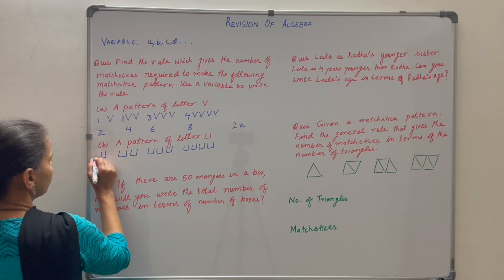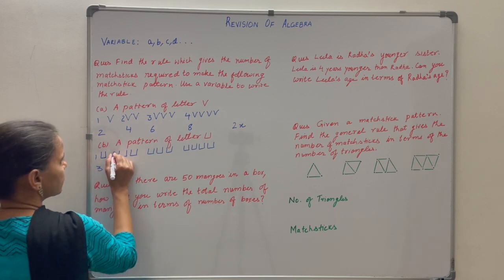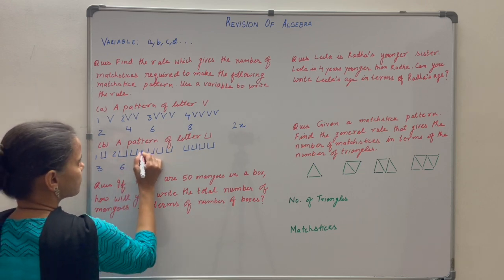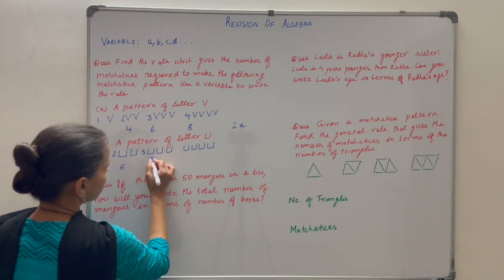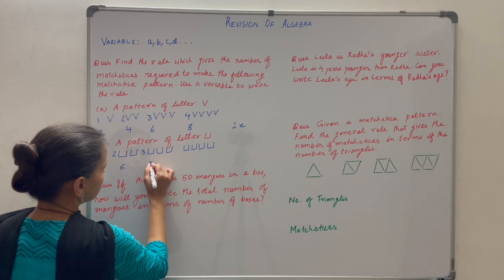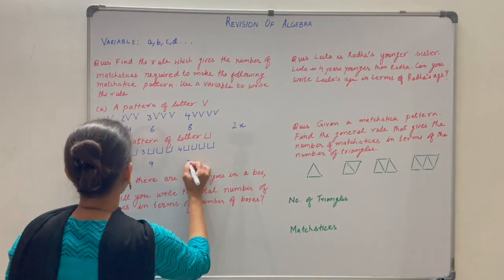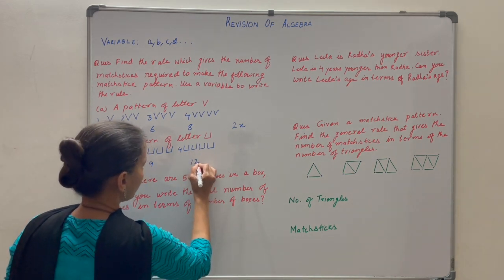When there is 1 U, matchsticks required is 3. When there are 2 U's, it is 3 plus 3, 6. When there are 3 U's, it is 3 plus 3 plus 3, 9. When there are 4 U's, it is 3 plus 3 plus 3 plus 3, 12.